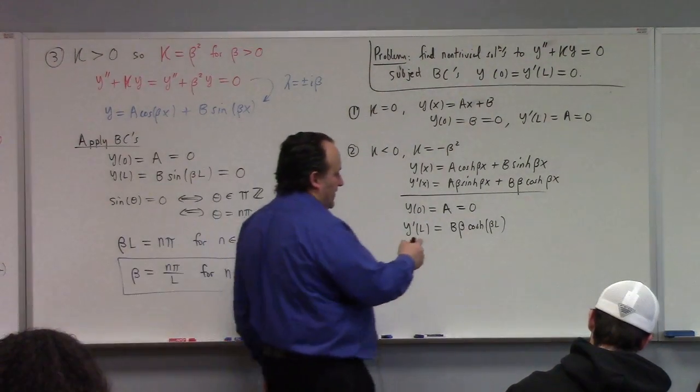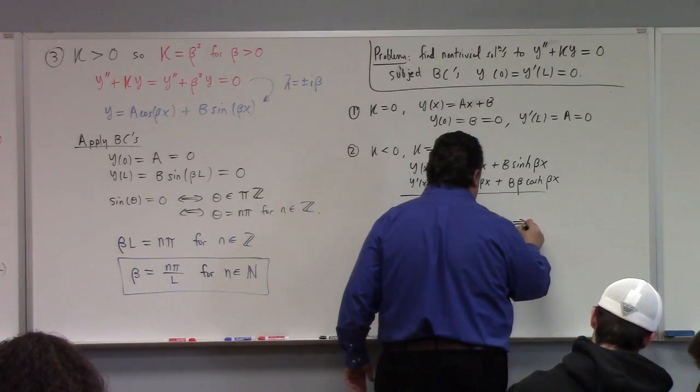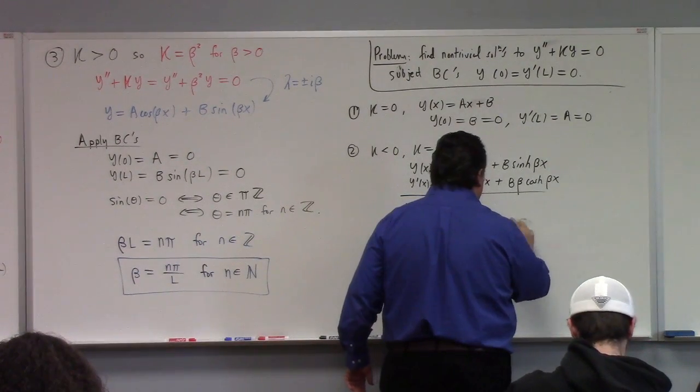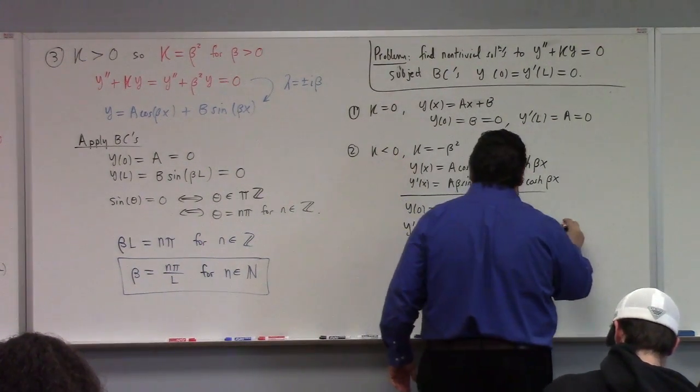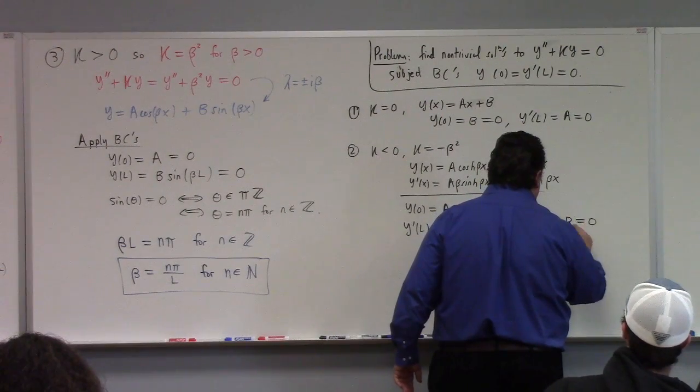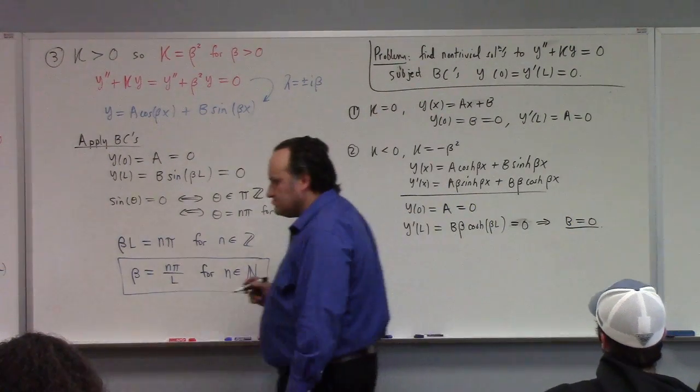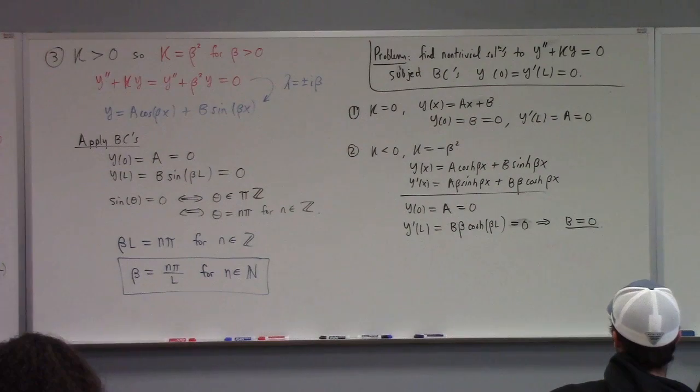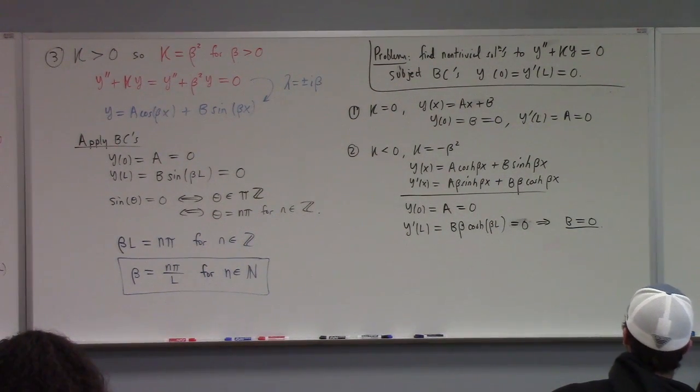Which implies, so cosh of beta L is not equal to 0, so this being equal to 0 implies that b is equal to 0. All right, so no solution again.